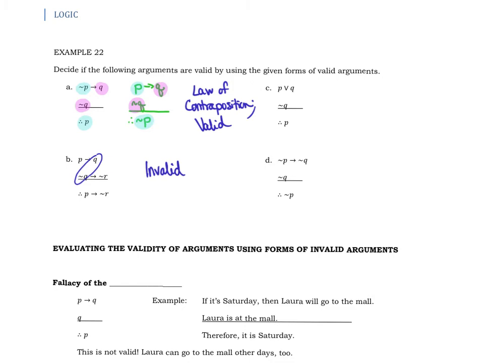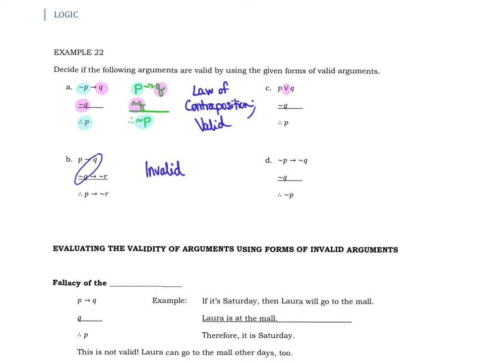All right, moving on to part C. One of the things I notice right away is we have an or here in the first part. If this is going to work, this is going to have to be the law of disjunctive syllogism. We don't have any other choices here, because looking at your arguments, all of the others have an if-then statement, and this is the only one that has an R. So this would be P or Q, not Q, therefore P. Now this one is still true.